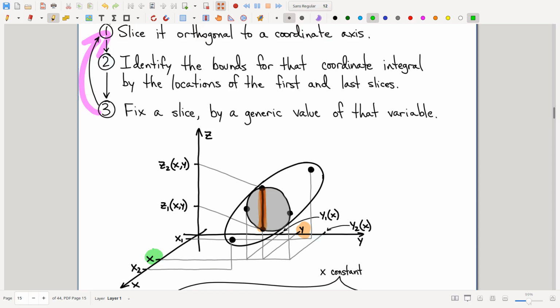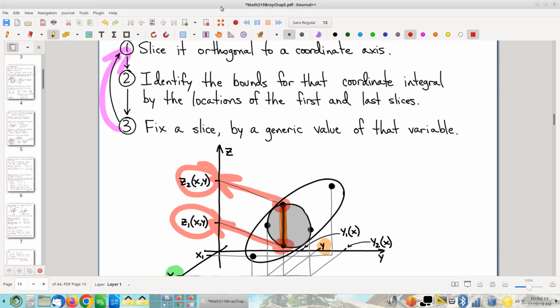And for x and y both fixed, I need to know what's my starting value of z, namely what's the lowest point on that little line segment. And then likewise, I need to know what is the highest value of z, namely what is the top point on that little line segment. Everybody cool?